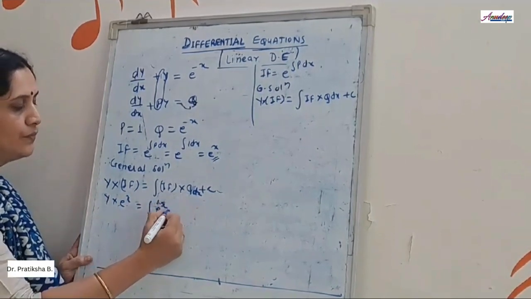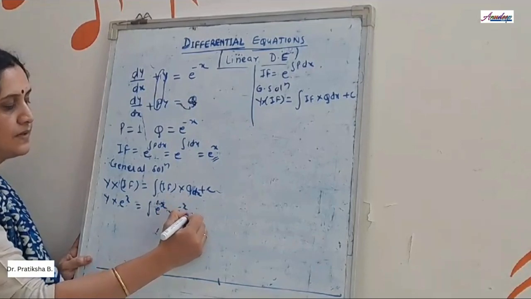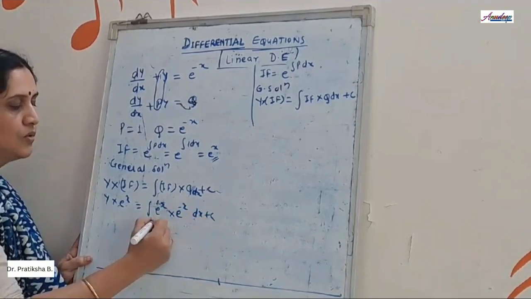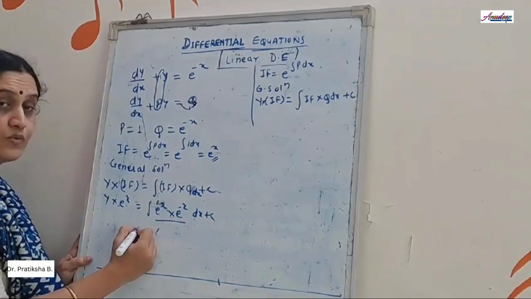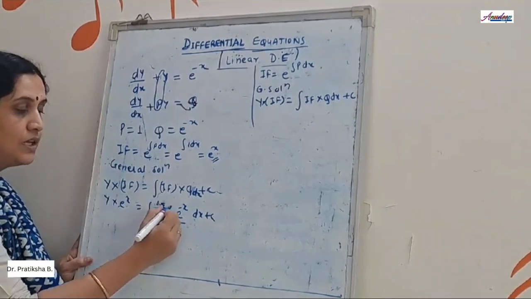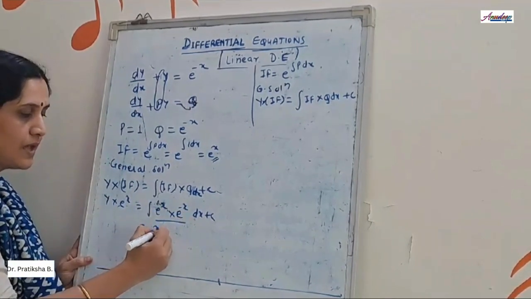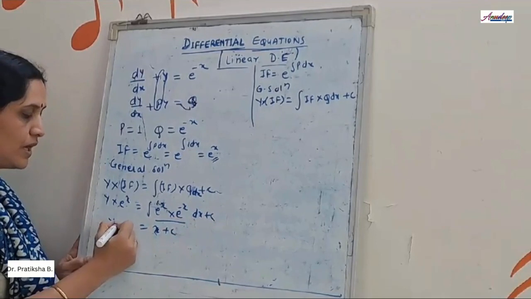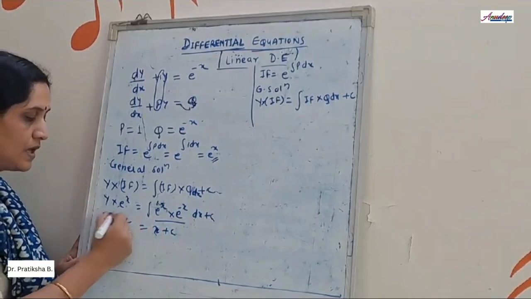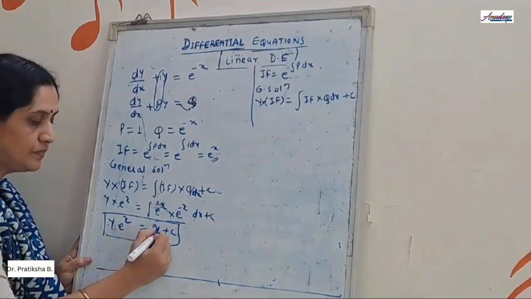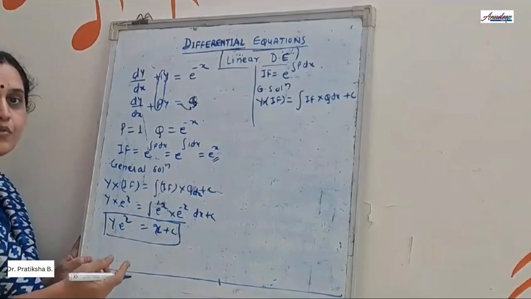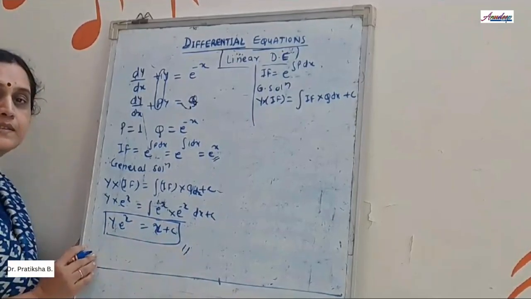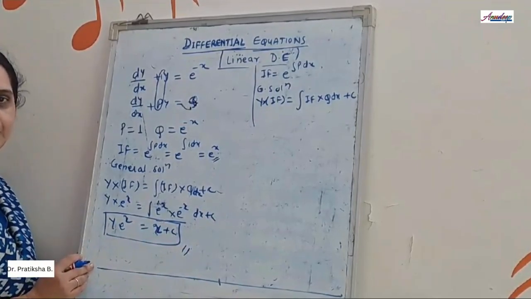What is q? q is e raised to minus x. So when you simplify this, you will get e raised to 0, that is 1, and integration of 1 dx will be x. So y e raised to x is equal to x plus c, that is the solution for this linear differential equation.